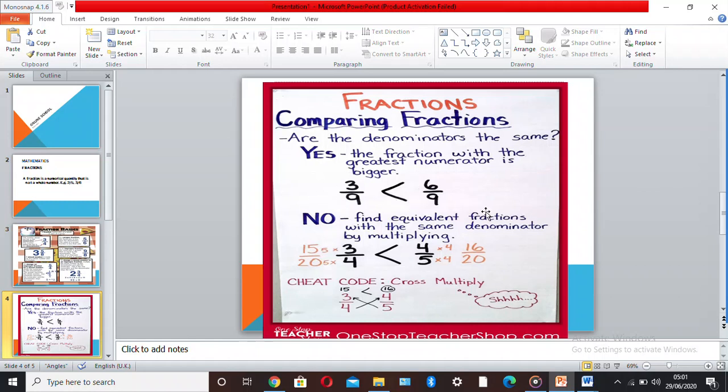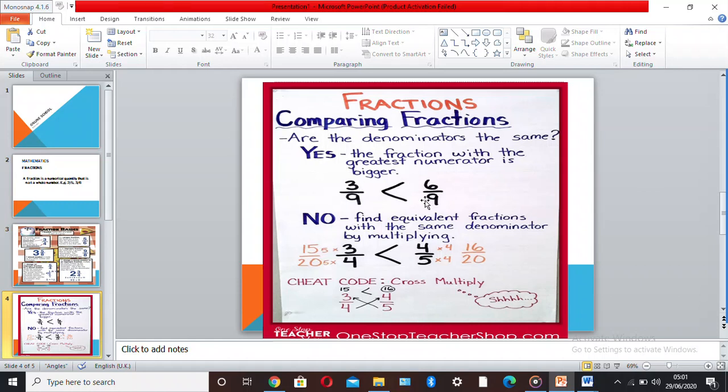Take a look at these fractions. We have 3 over 9. We also have 6 over 9. The numbers below the bar in both fractions are the same. So I'll focus my attention on my numerator, which is the number above the bar.